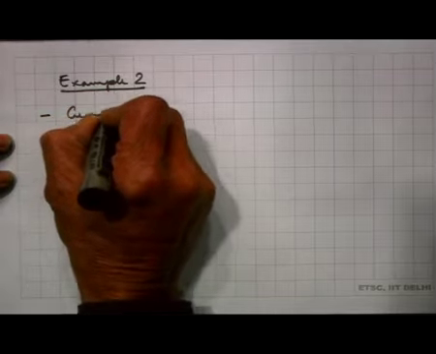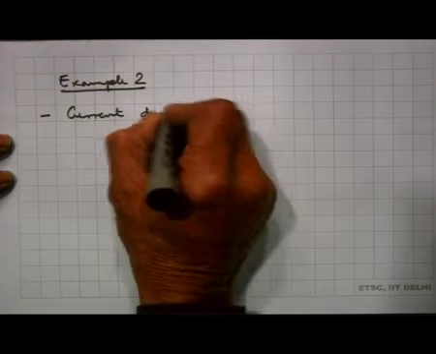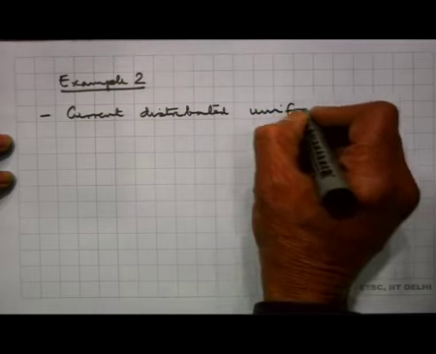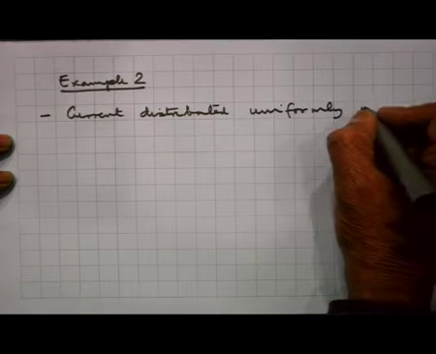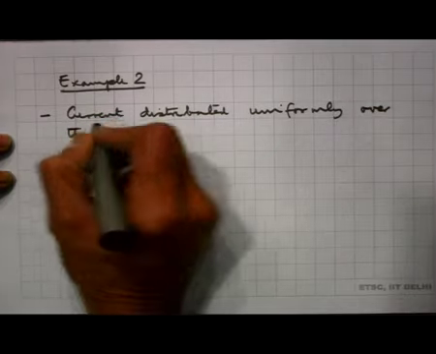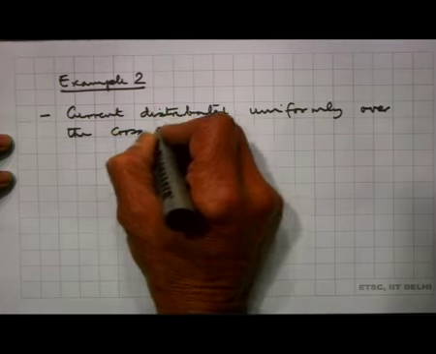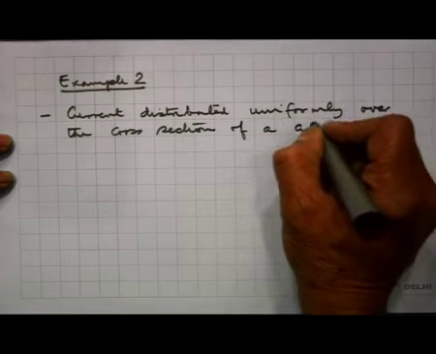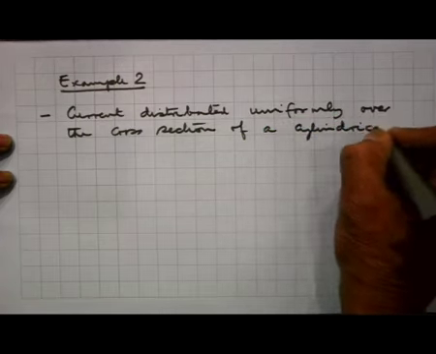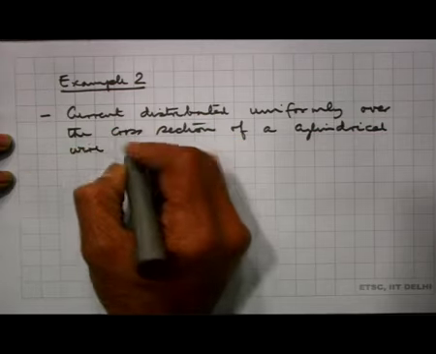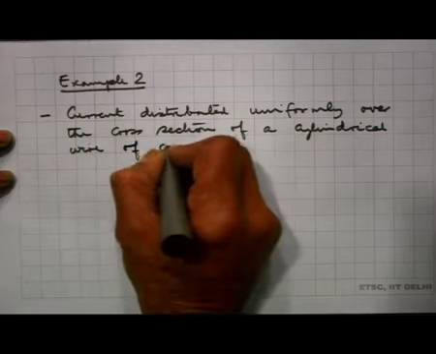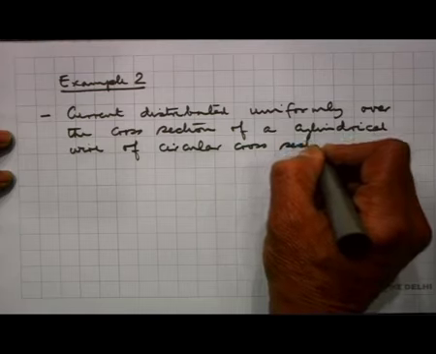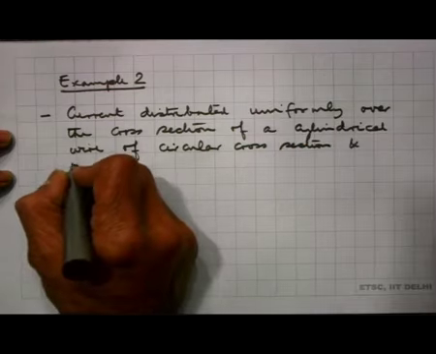Now, I want to take another example. Current distributed uniformly over the cross section of a cylindrical wire of circular cross section and infinitely long.